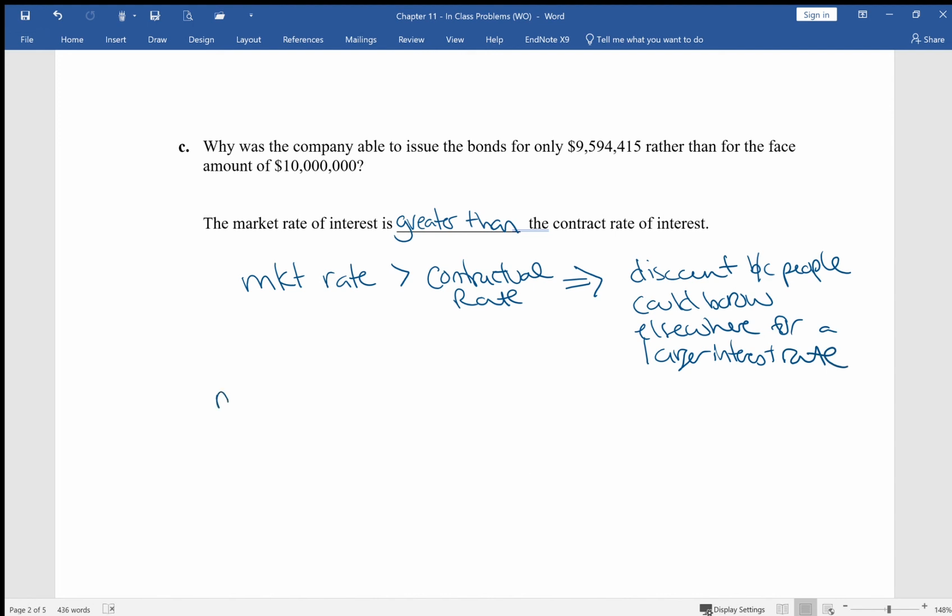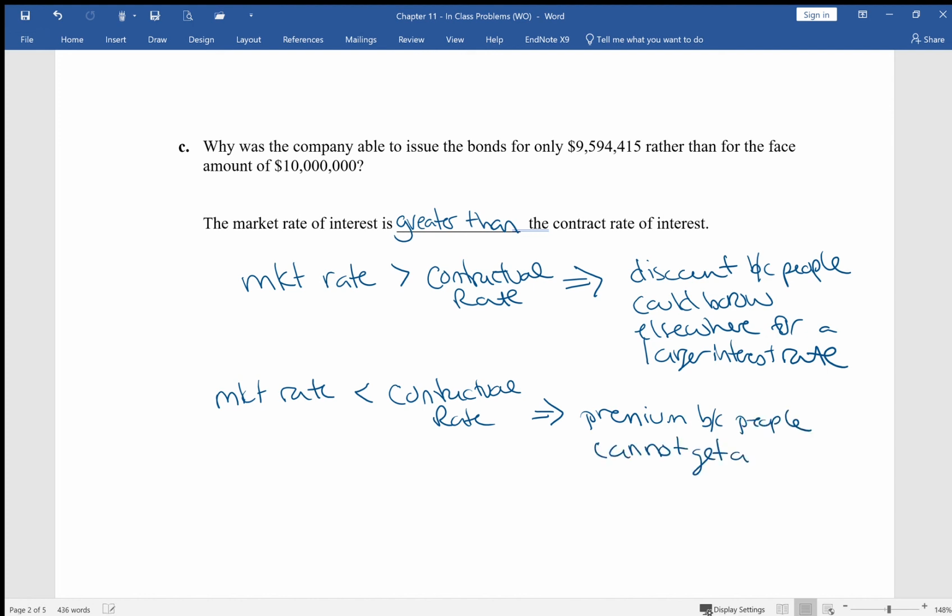And then the opposite, if the market rate is less than the contractual rate, we're going to be at a premium because people cannot get as much interest on investments elsewhere.